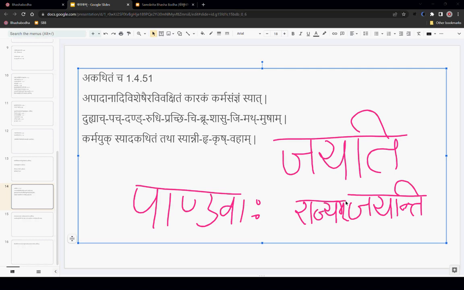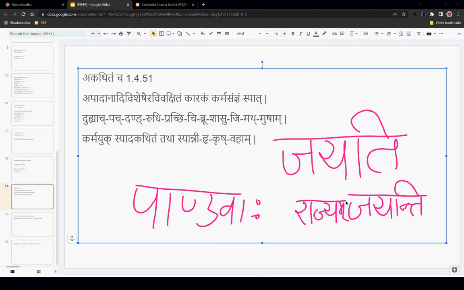And whom are they winning this rajyam from? Kauravat. Bahuvachanam, many Kauravas. Kauravat is fine. We'll put Kaurava. Okay, thinking that is Duryodhana. So Pandavah, you can just say Duryodhanat rajyam jayanti.